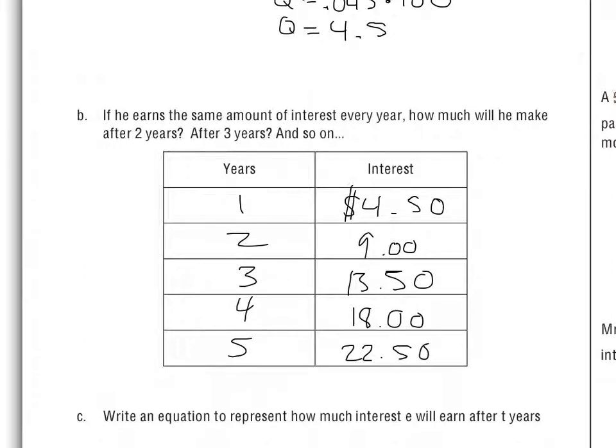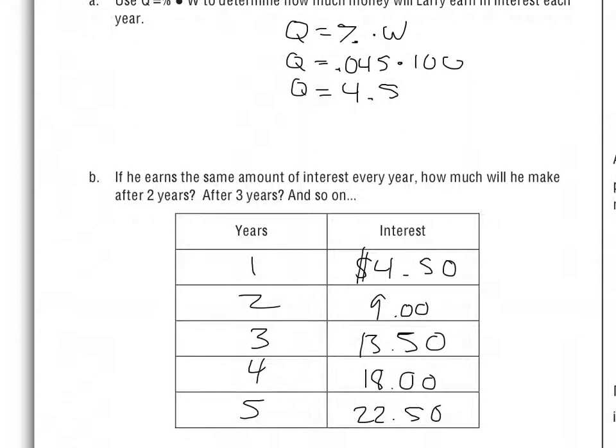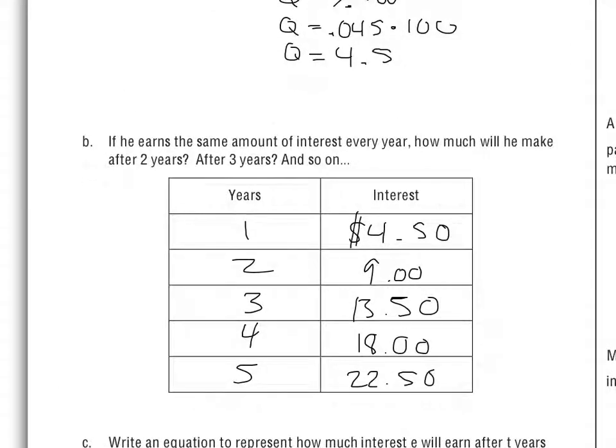And so what we can see here is that most of you probably figured that out by saying, well, it's $4.50 per year. So in a way, you wrote the equation y is equal to 4.5 times x, which shows that this is a proportional relationship. And maybe you thought about it as interest is equal to 4.5 times t.